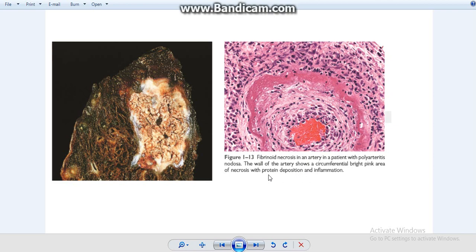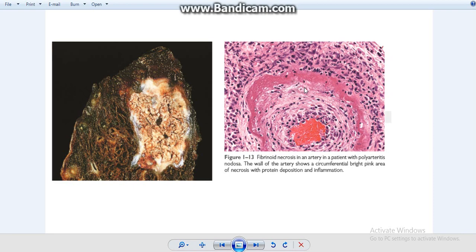Now, the other type of necrosis is called fibrinoid necrosis. You remember in histology, hematoxylin and eosin stains fibrin in a pink color. Fibrinoid necrosis happens in vessels upon vessel injury.